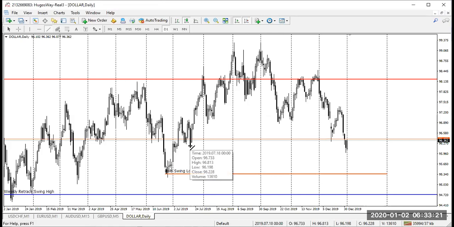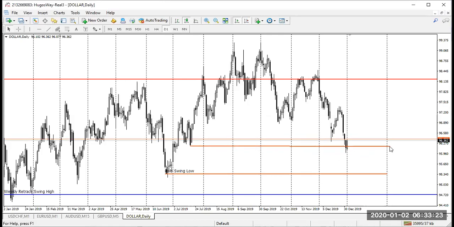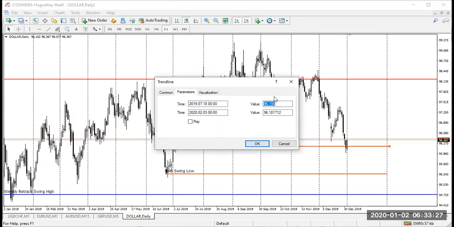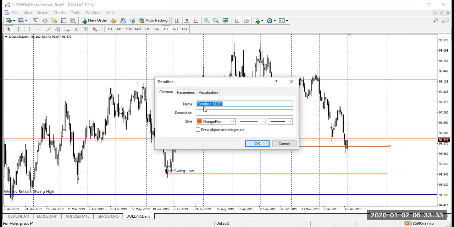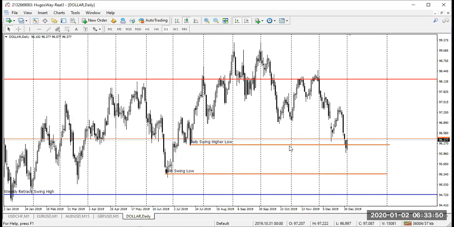We use that 96.228. Copy. All right, this is going to be a daily swing higher low.